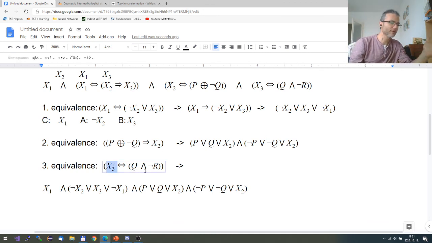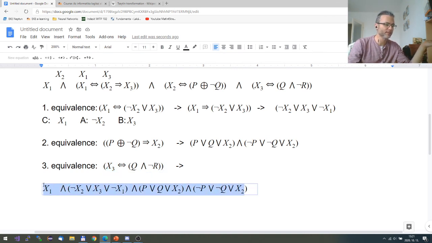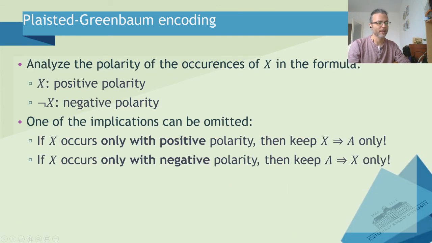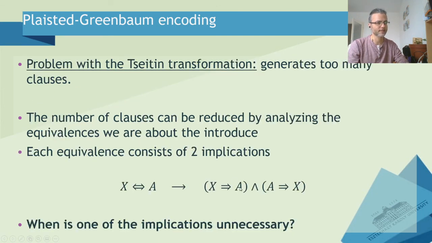So you have to check again all the occurrences of x3 in the formula so far, and as Islam just told us, x3 has only one occurrence, only a positive occurrence. Since it has only a positive occurrence, we can keep the first implication, x implies a.